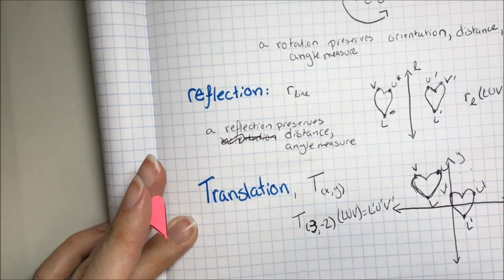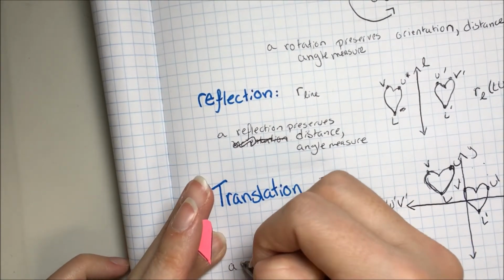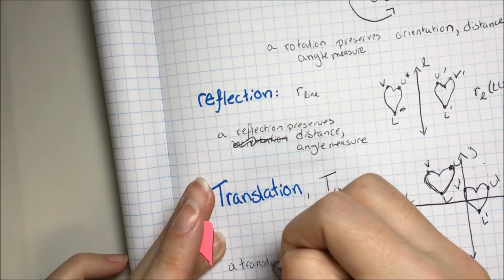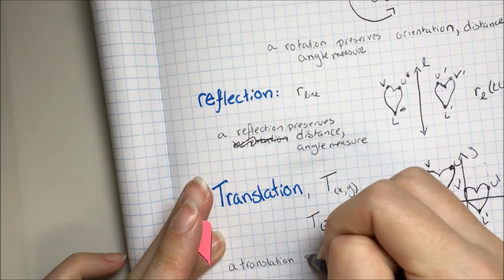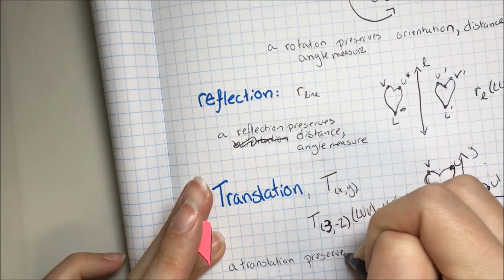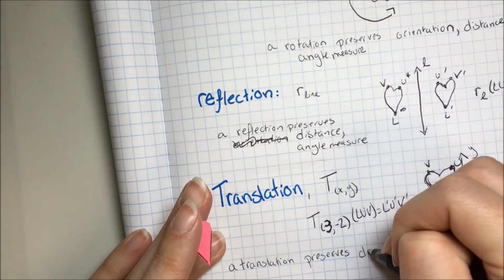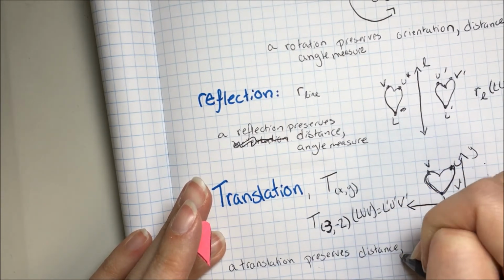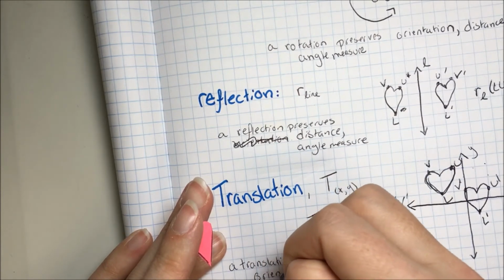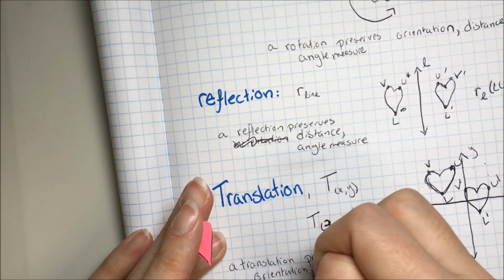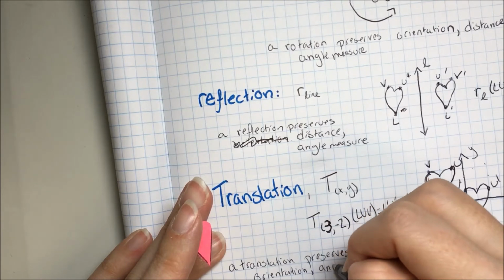So, a translation preserves distance, orientation, angle measure.